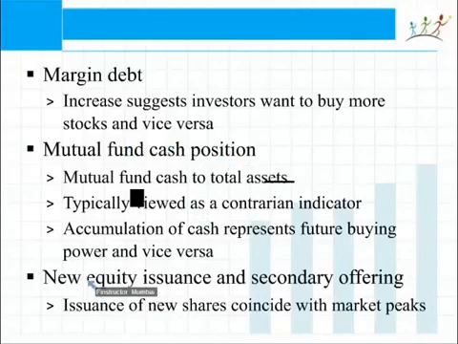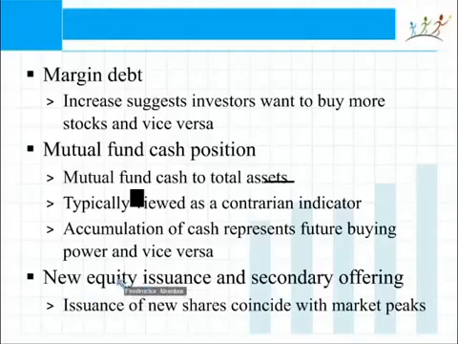The number of IPOs, QIPs, follow-up fund offerings and secondary offerings also indicates that the market has peaked. Normally, new equity issuances, secondary offerings, etc. happen when the market is good. Promoters think that their stock is getting a good value, so they are willing to sell their own stock.